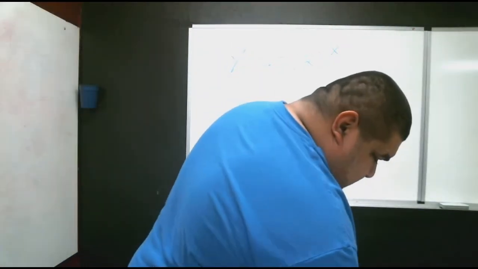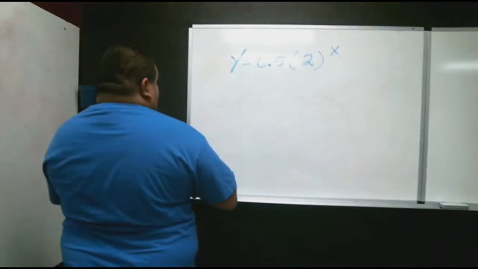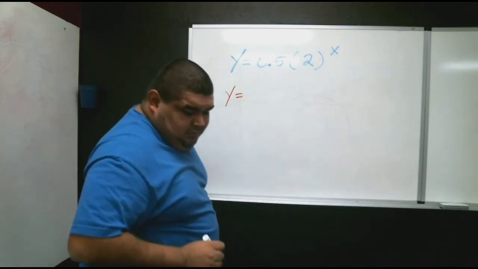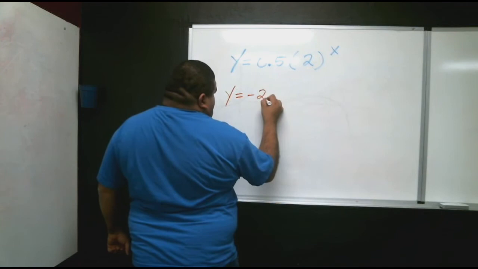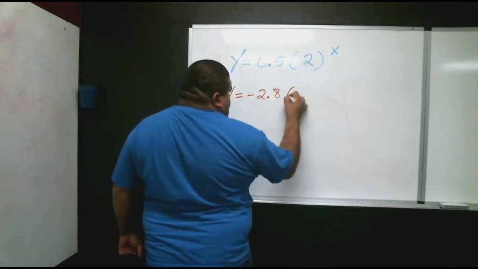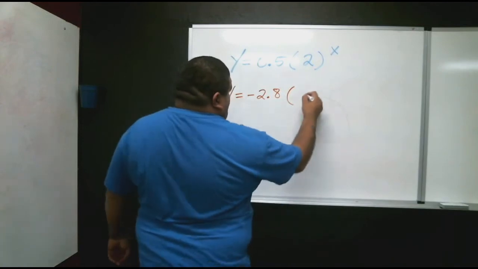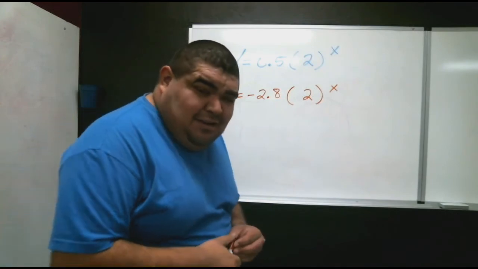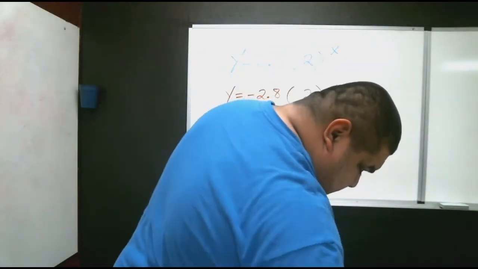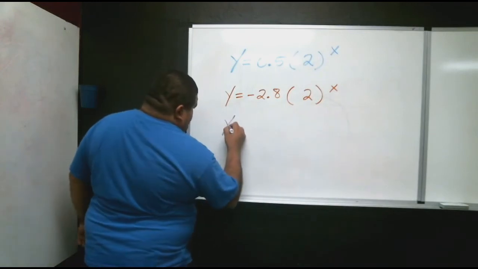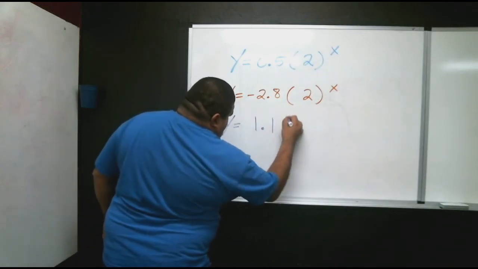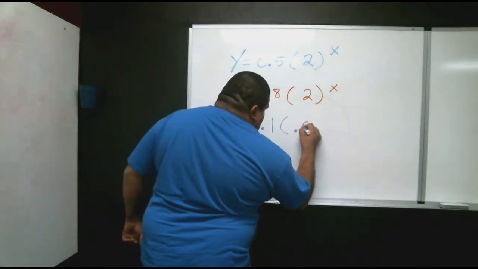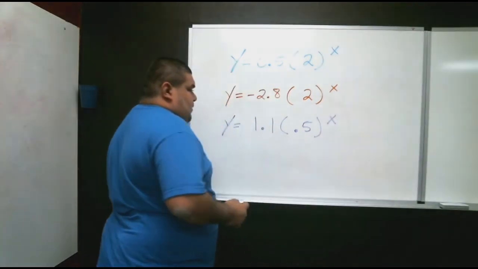For your second one, y equals negative 2.8, our b is going to be 2 to the x power. And finally, for the last one, we're going to have y equals 1.1, our b is going to be 0.5 to the x power.